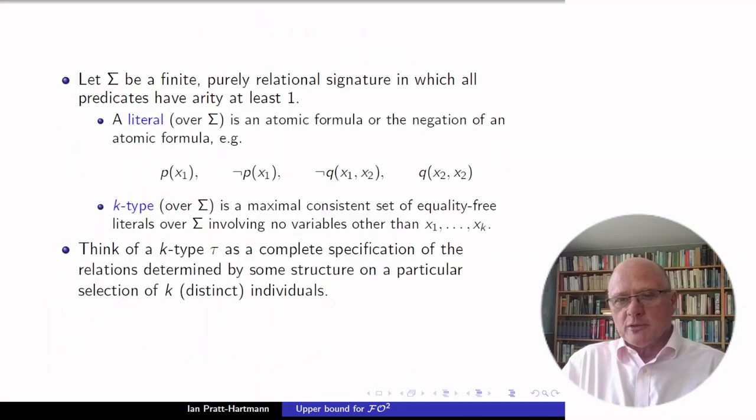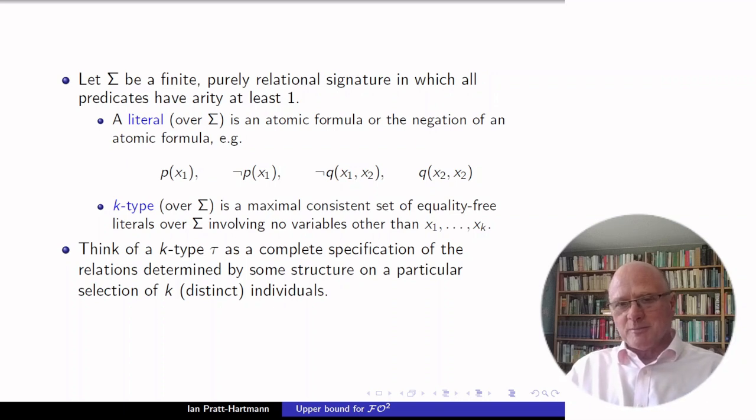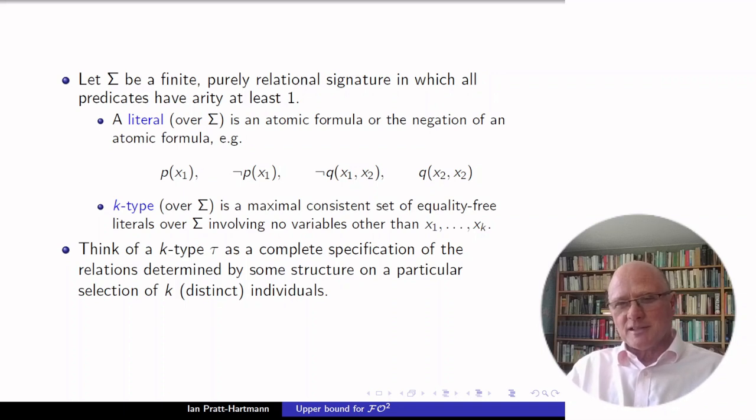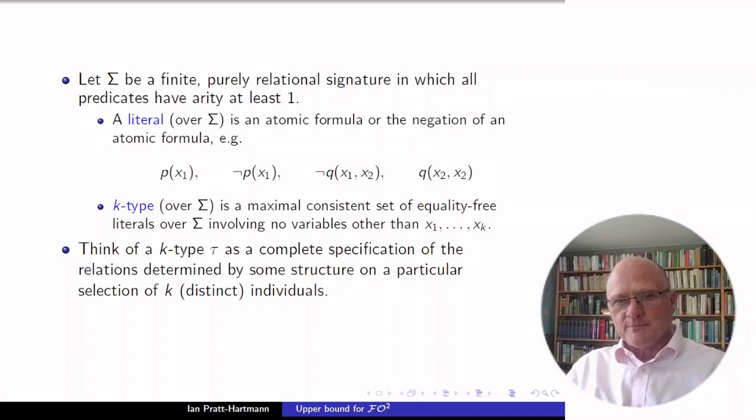Now we'll need a bit of apparatus to give a decidability proof for the two-variable fragment, but this apparatus is relatively intuitive and widely used in studies of decidable fragments, so it's worth getting clear about how it works.